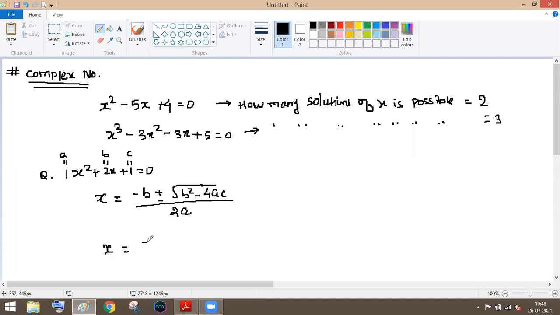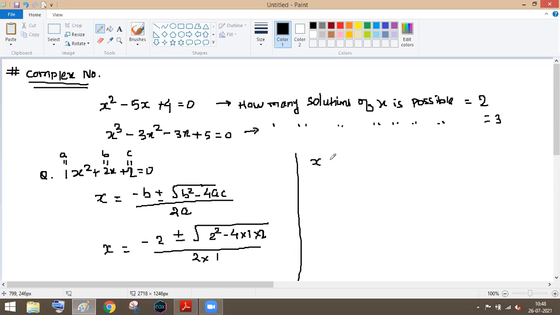So can we say that x we will have here minus 2 plus minus root over 2 square minus 4, a is 1 and c is... let's take c is 2. Don't take c is 1, let c be 2. Divided by 2 into a, what is a? A is 1.